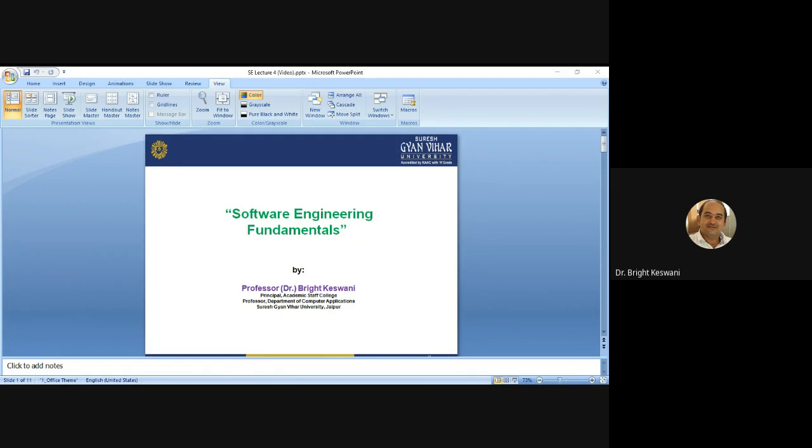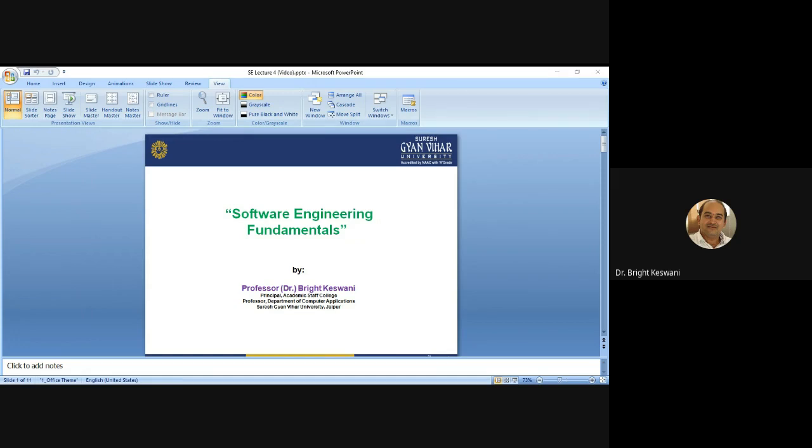In the feasibility study you can conduct a survey. You can check whether the proposed software is considerable or not. So the answer is feasibility study. The second question: the key consideration involved in the feasibility analysis.